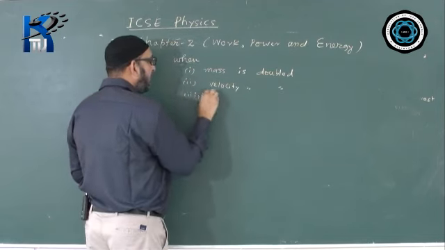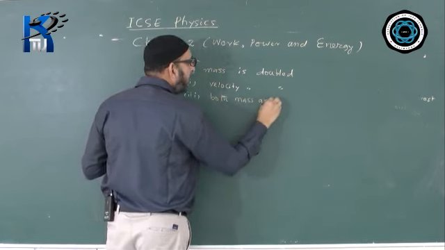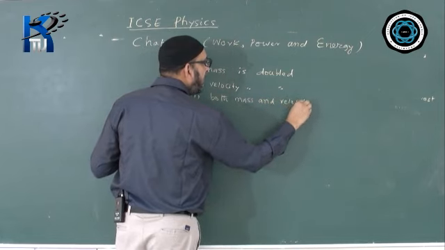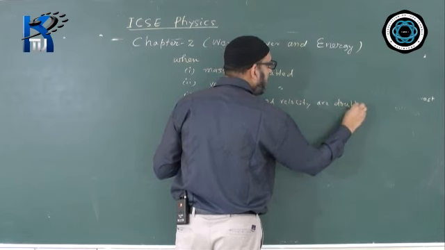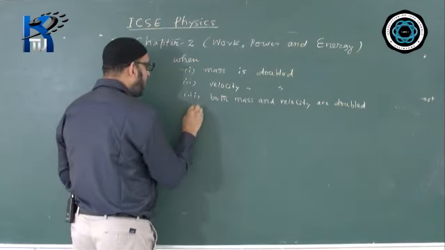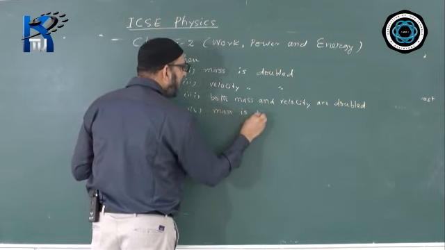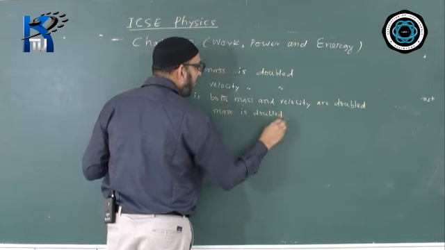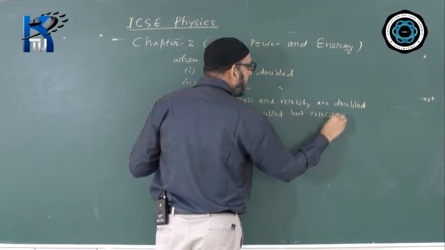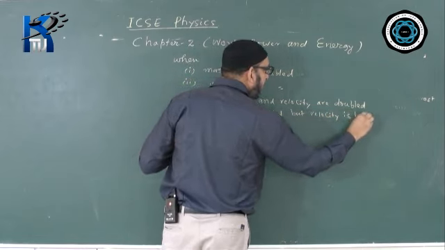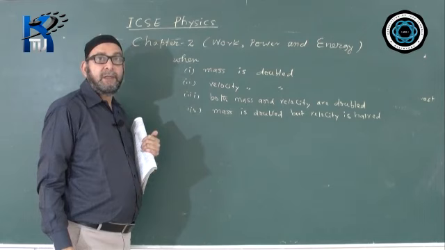Third case, both mass and velocity are doubled. And the fourth case, mass is doubled but velocity is halved.